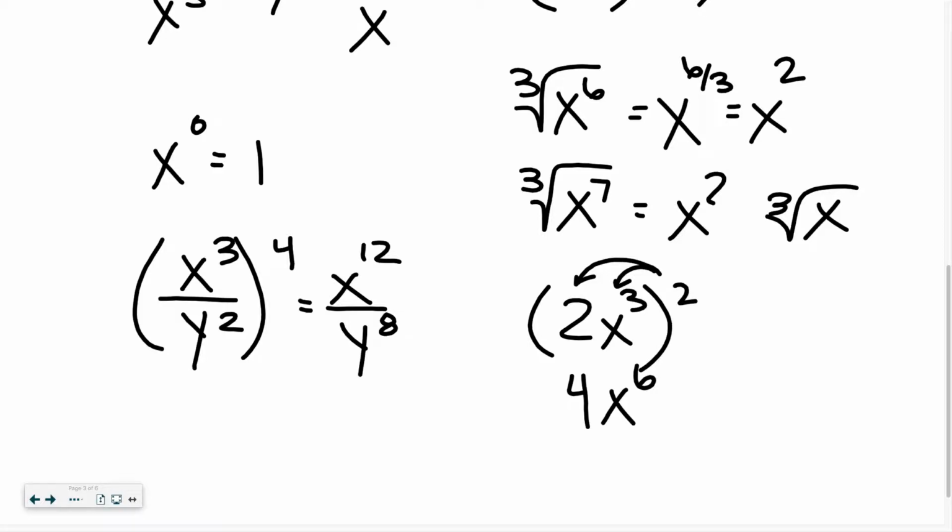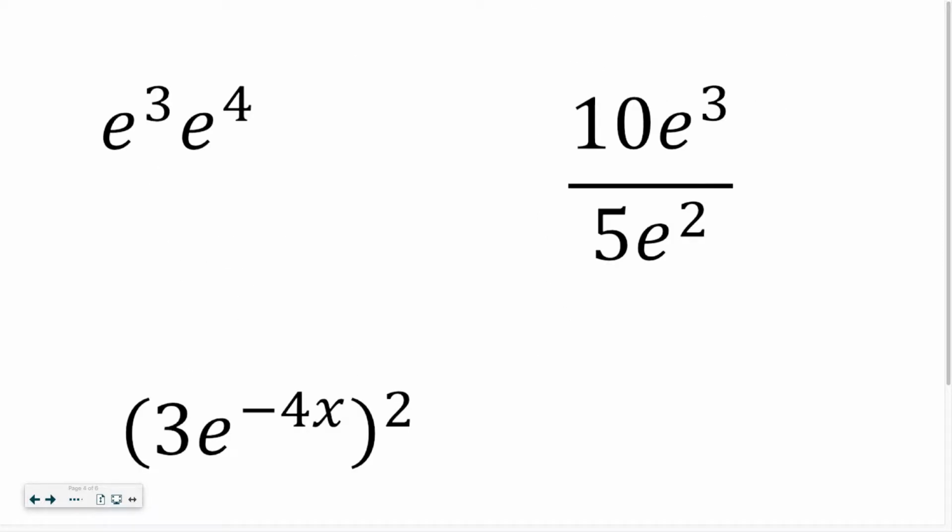So now we're going to apply them to things that look like this. And what I don't want you to do is put it into the calculator and give me decimals. Don't want it. I just want you to use your properties of exponents. So I'll let you jot these 3 down and you can kind of check with your pod members. What do you think the answers are? We'll say our answers here in a little bit.